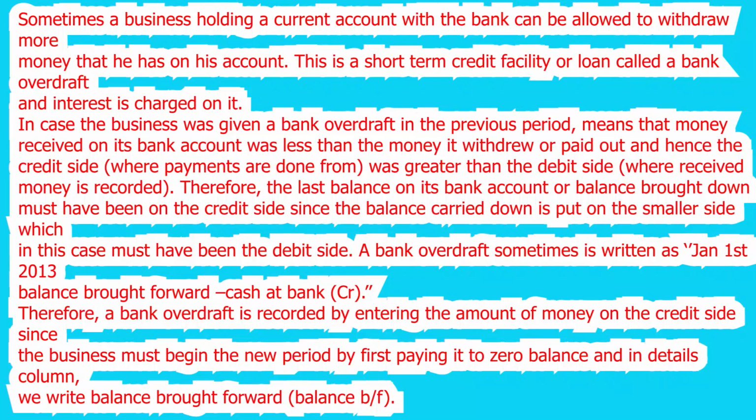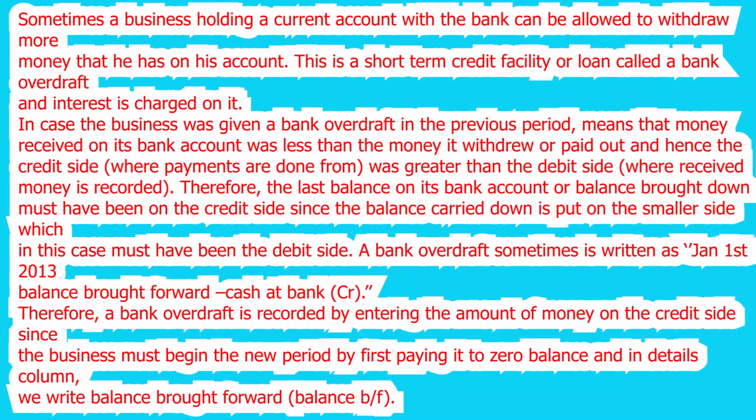In case the business was given a bank overdraft in the previous period, it means that money received on its bank account was less than the money it withdrew or paid out, and hence the credit side, where payments are made, was greater than the debit side, where received money is recorded.